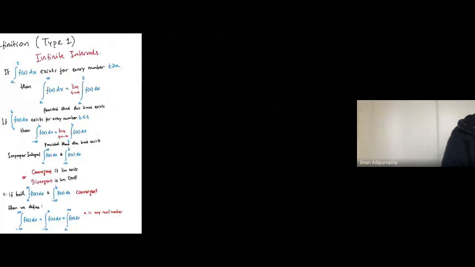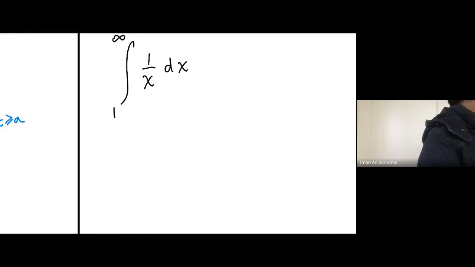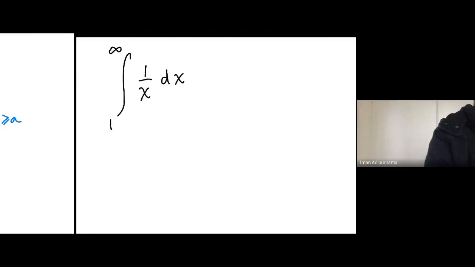Let's say we have the integral from 1 to infinity of 1 over x. Before, we had 1 over x squared. Now we have 1 over x. Because we already have the definitions, we can use a limit to compute this.